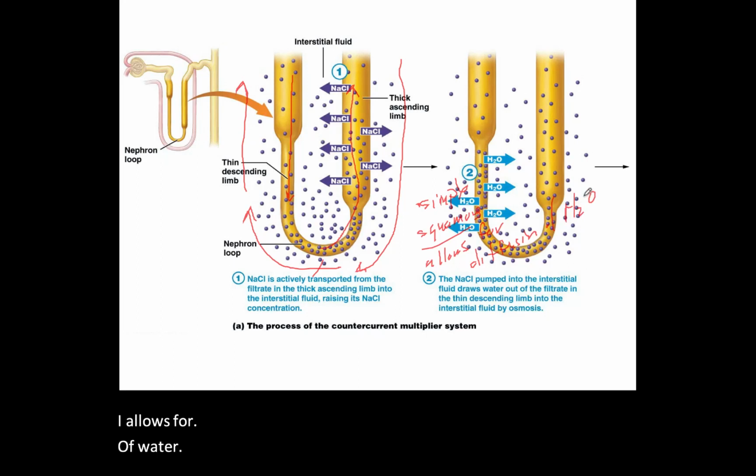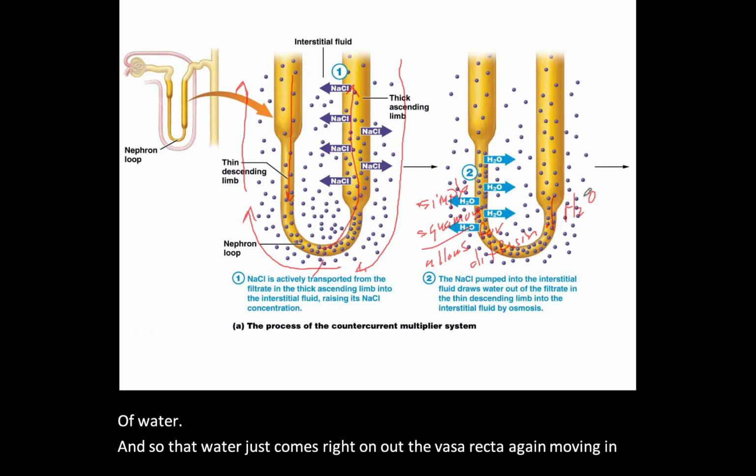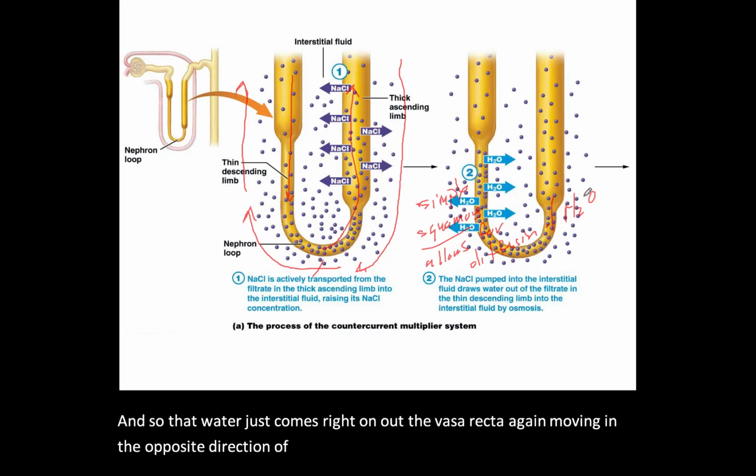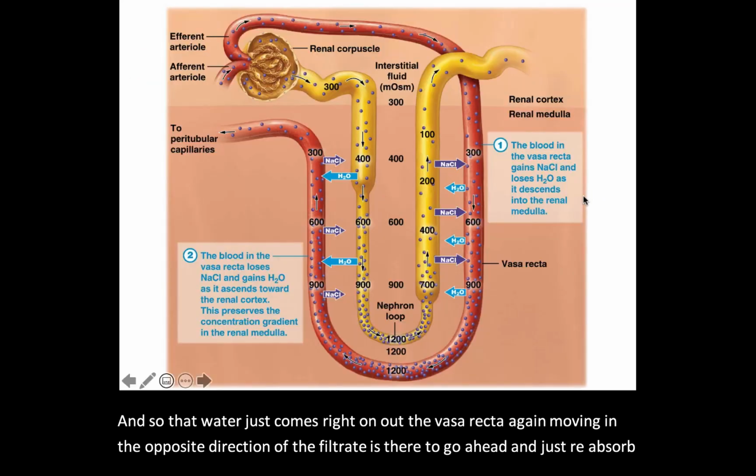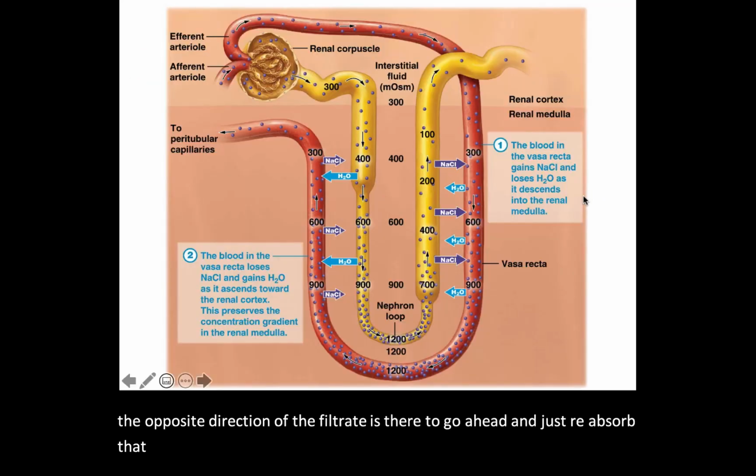And so that water just comes right on out. The vasa recta, again, moving in the opposite direction of the filtrate, is there to just reabsorb that water. And so that's what you're seeing on this slide right here.